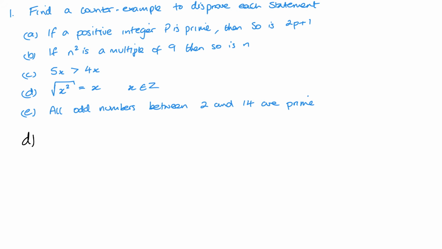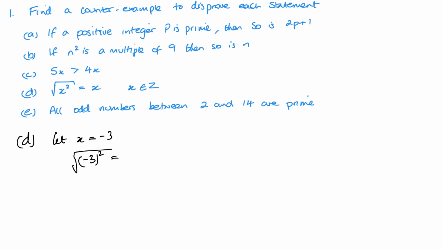Now, part D, you want to think of a value of x that this statement isn't going to be true for. Well, it's going to be true for all positive x's, isn't it? Like 3 squared is 9, square rooted is also 3, think of it that way. But if I think, say, let x equals -3, then I can think of -3 squared and then square rooted.